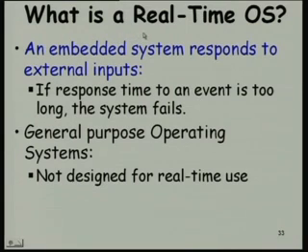Now, before we get into the nitty-gritty of a real time operating system, the different components of it, features and so on, let us just have a rough idea. We had so far said that there are external inputs, and then there are timing constraints on these, the behavior will be determined based on the input, and if the response is too long, then we will say that the system fails.